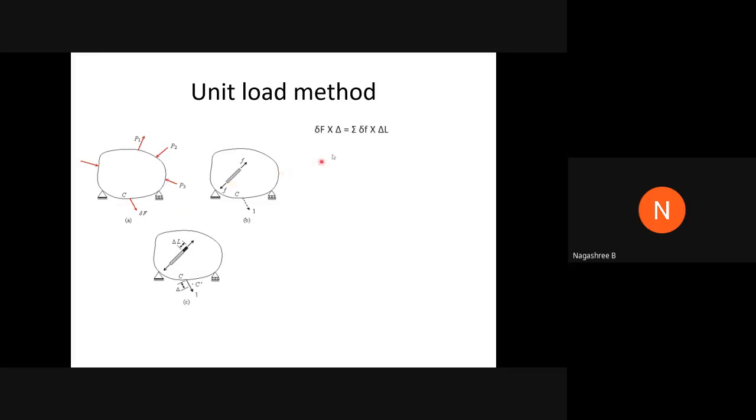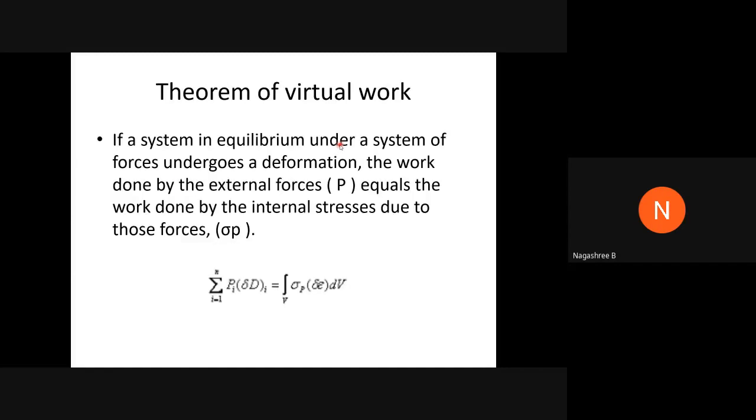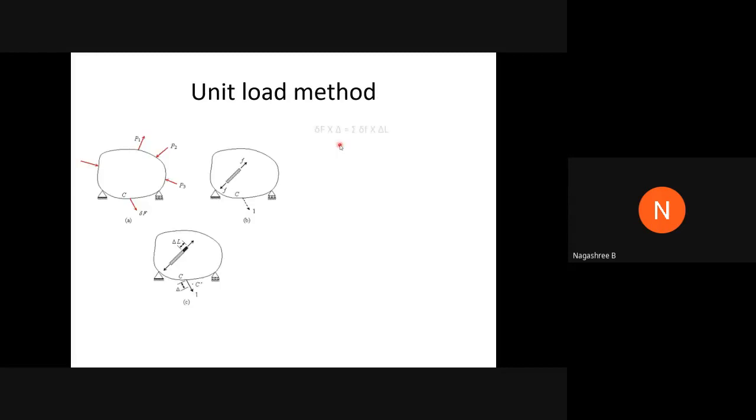So therefore, by using the principle of conservation of energy from the previous slide, the summation of internal work done is equal to the external work done. In the internal point which I have considered, C, the force assumed is delta F, and the displacement to be considered here is delta, the virtual displacement due to the action of the virtual load.